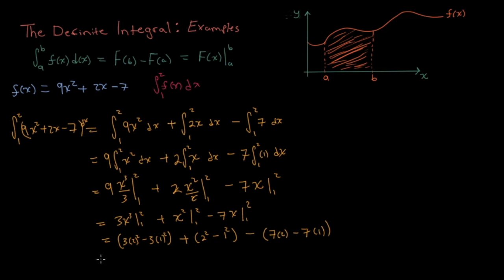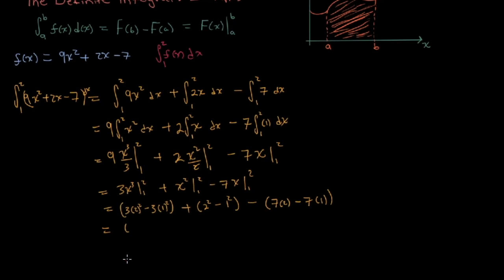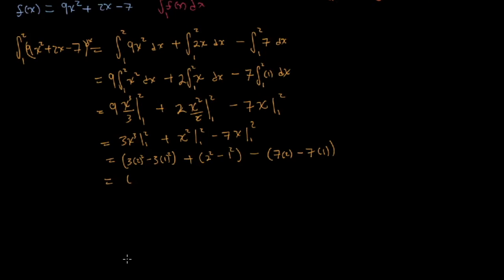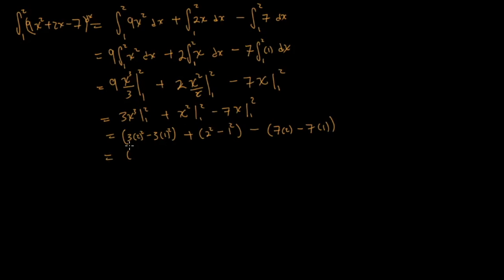And so we can go ahead and simplify that. So 2 to the power of 2 is 4. 4 times 3 is, or sorry, this should be cubed, my bad. This is a cubed, not a squared.